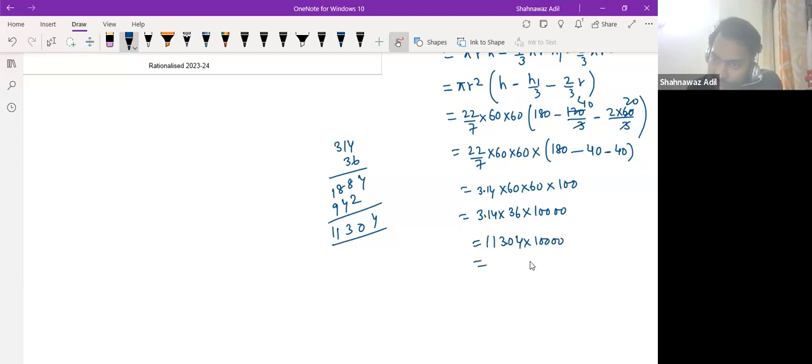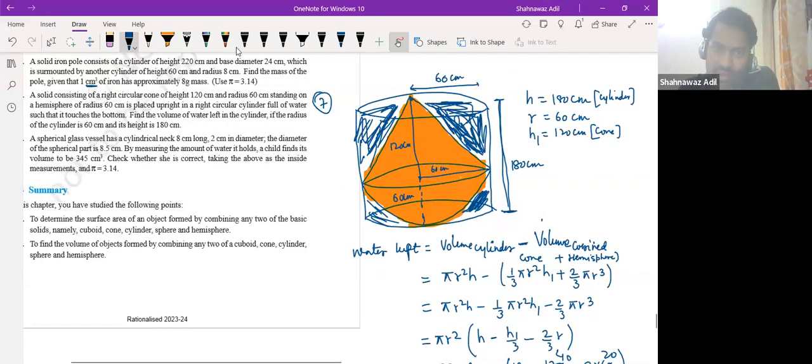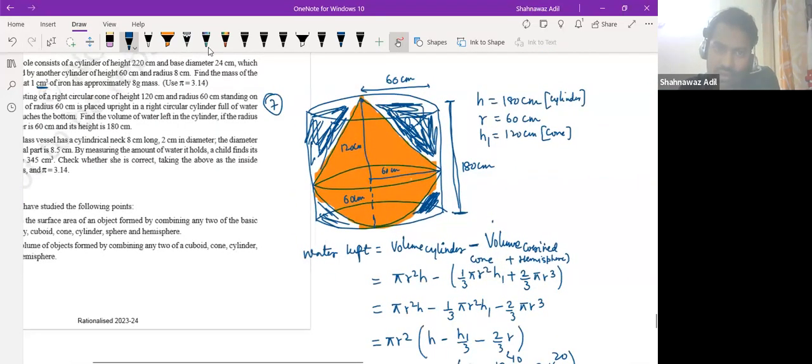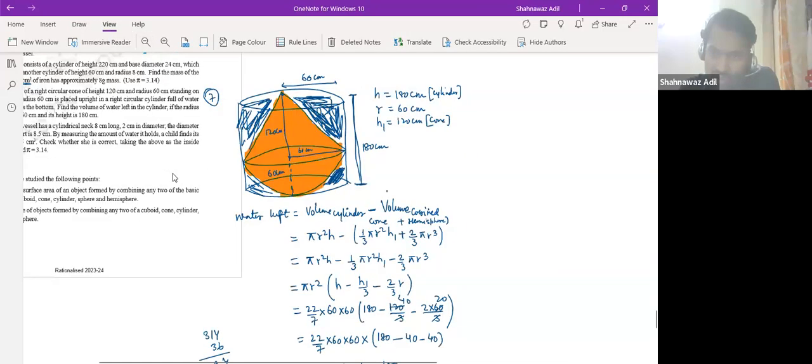This is 1130400 centimeter cube. This is the water amount, right? Is this correct, guys? Yes. Is this correct, guys?